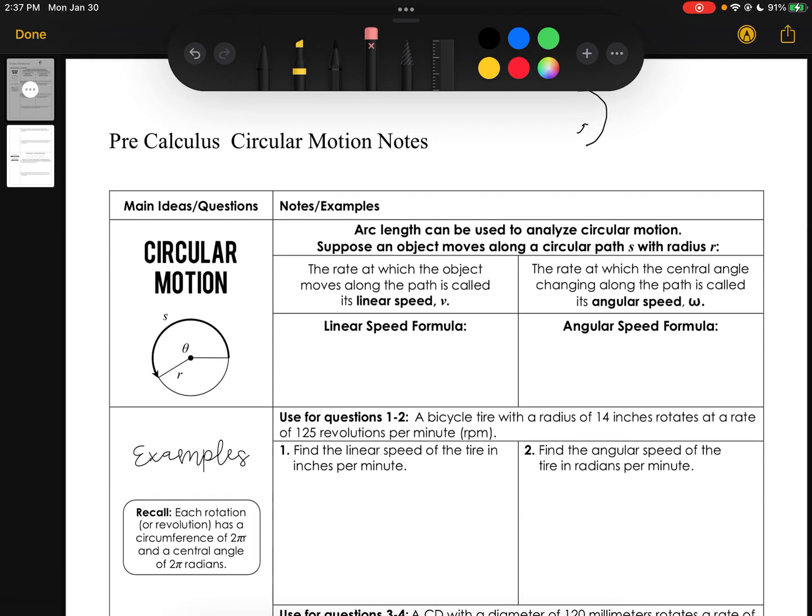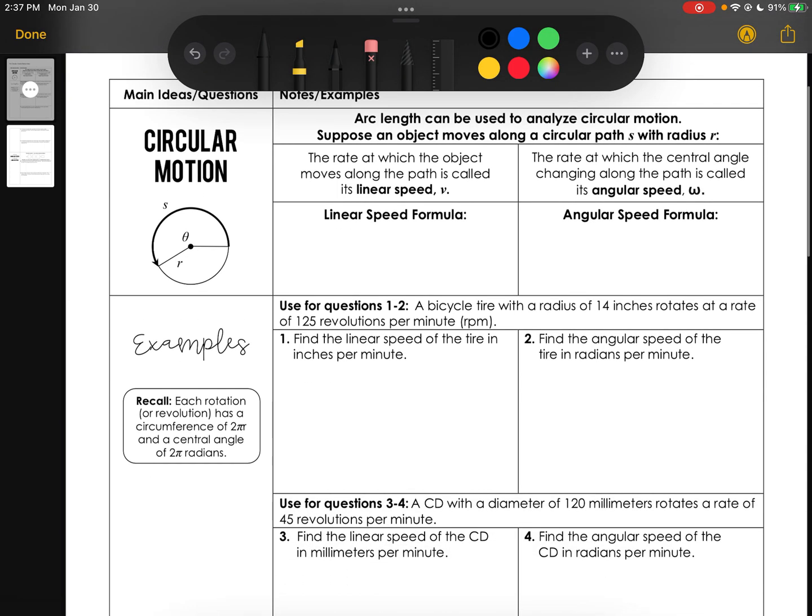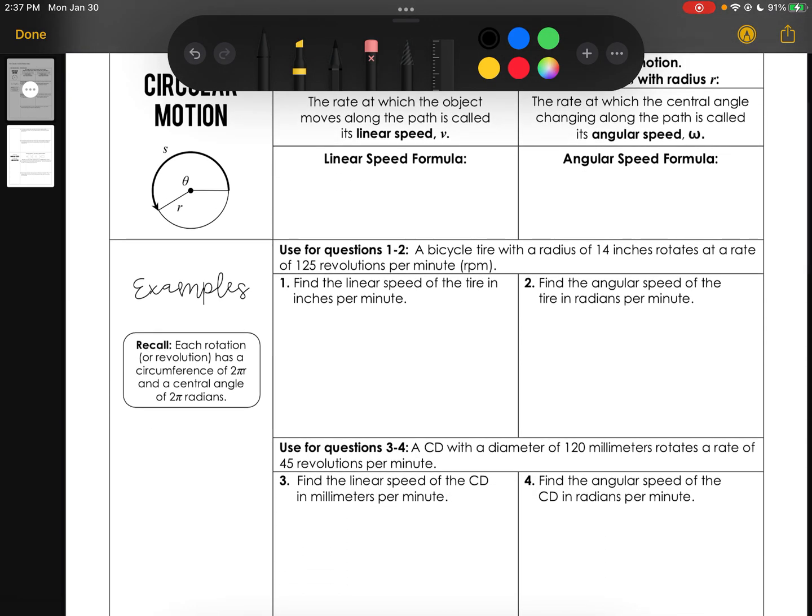So it's not actually looking at speed, it's looking at, in radians, how fast that moves. A neat application, very grounded in the real world, with some concrete examples that we're going to be doing today.